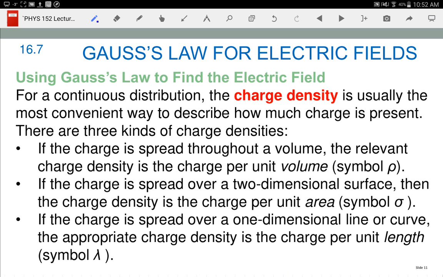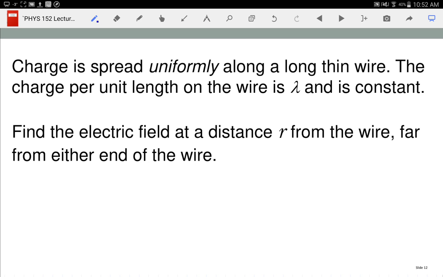But we have to match our shapes to the symmetry. The charge can be distributed along a line of charge, such as on a wire. It can be distributed on a surface. We have to take those into account, and it's a lot easier to actually do a problem than it is to try to explain any further. So let's look at a problem.